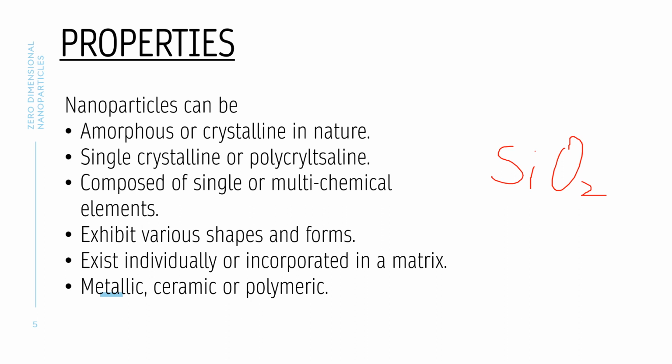Now, these nanoparticles also exhibit various shapes and forms, which might include fullerenes, clusters, atomic aggregates, etc. They might exist individually or they can be incorporated in a matrix. These nanoparticles can be metallic, ceramic, or polymeric in nature.